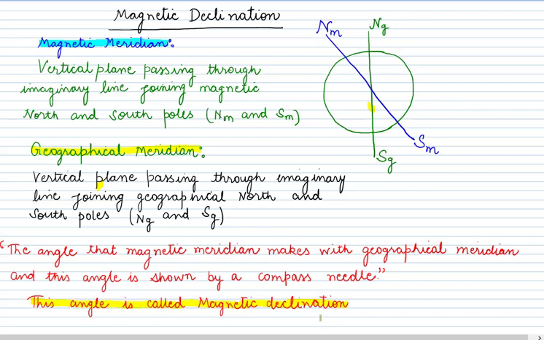Now we know what is the magnetic meridian, we know what is the geographical meridian. Two vertical planes, and the angle between these two vertical planes which we measure from a compass needle is called magnetic declination. So how will we show this magnetic declination? Just draw a simple diagram to show the magnetic declination.